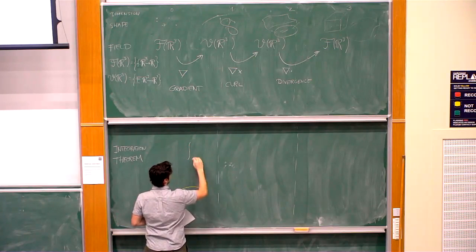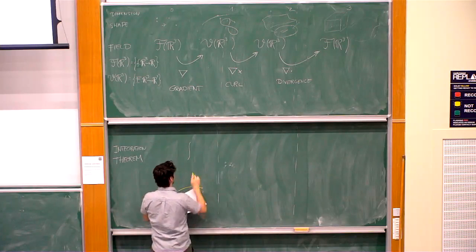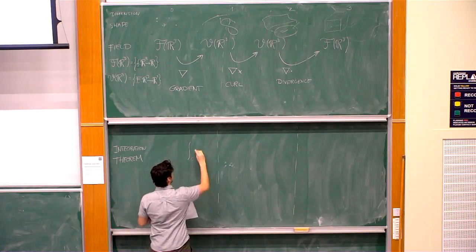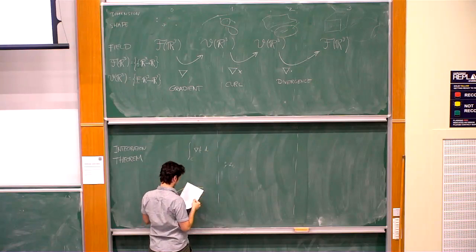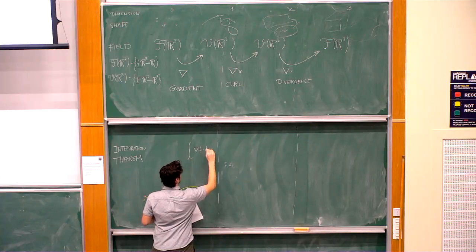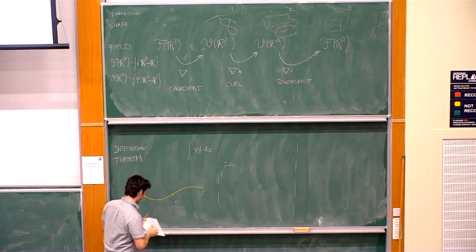If I write the integral over my curve of some gradient of a function, you might want to use the vector notation here.